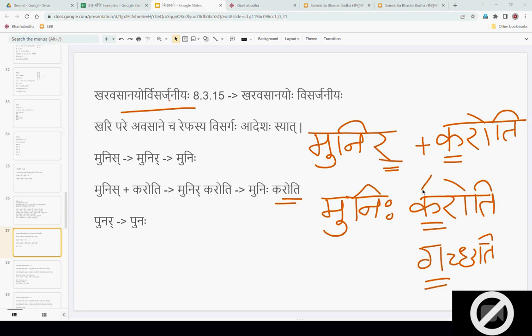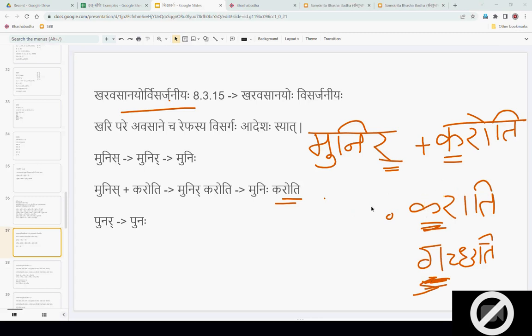This sutra will apply only if the following letter is khar. Khar means harsh consonants. It won't apply because the following letter is not khar. The following letter is ga.